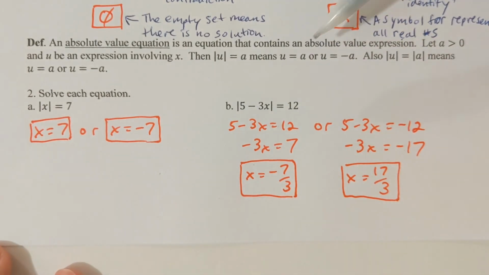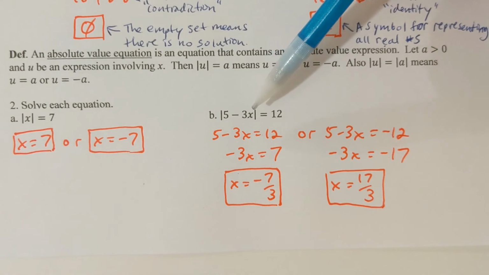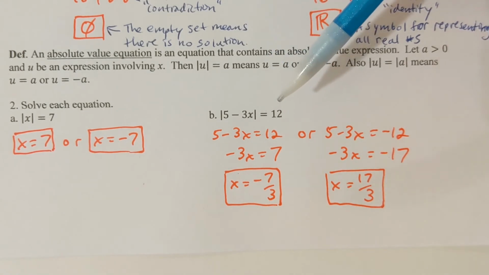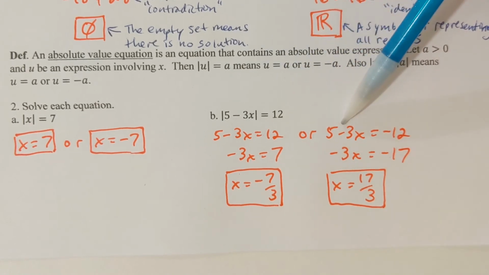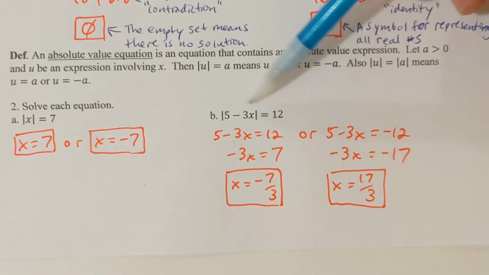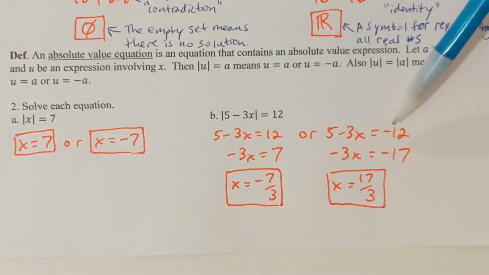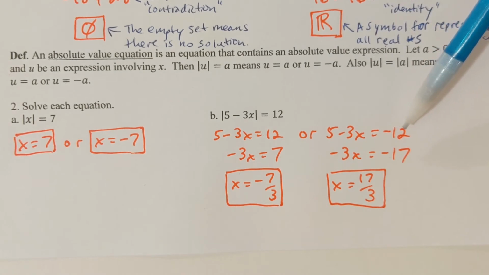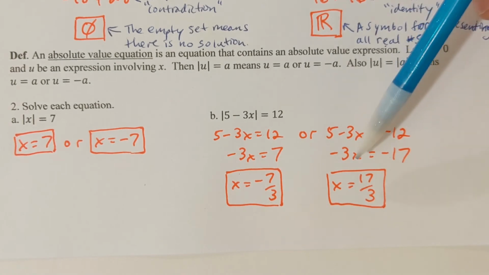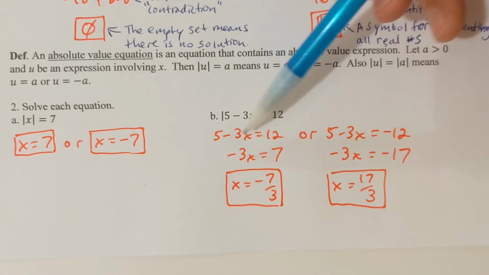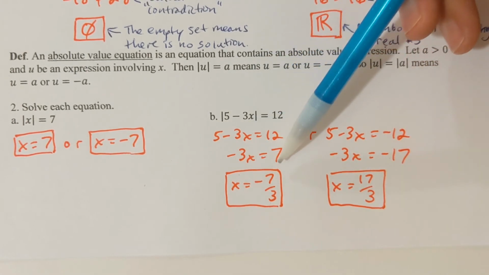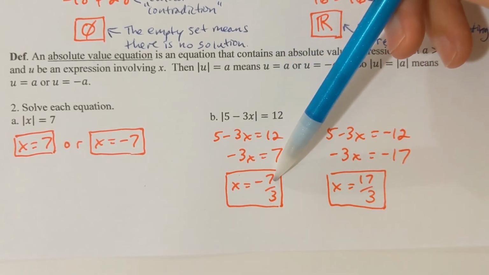Here's another example. Okay, solve for x. So first thing is to get rid of the absolute value bars. You'll write your two equations. One of them is going to be like they were not even there. The other one, just throw a negative onto the right. And now you're going to solve for x on each one of these. Subtract 5 and then divide by negative 3, and you'll have x equal negative 7/3.